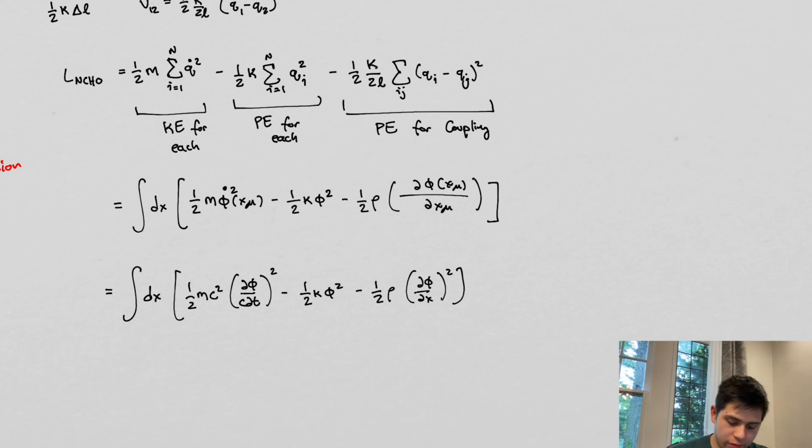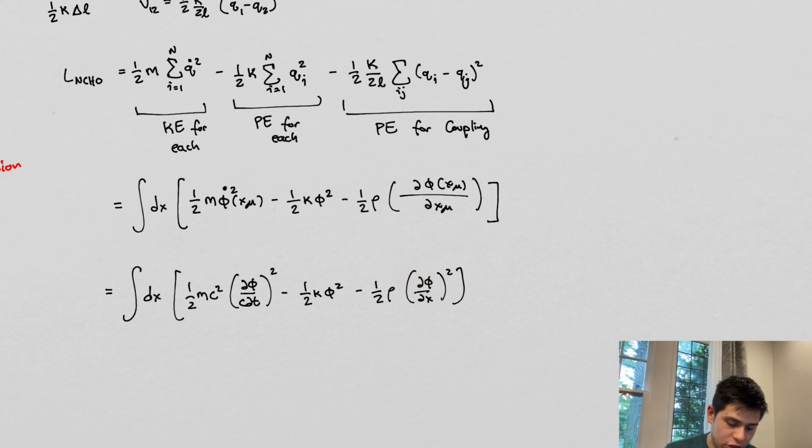And now what we can realize is that this here and this here are just part of a larger structure: here's just the temporal derivative, and here is a spatial derivative.